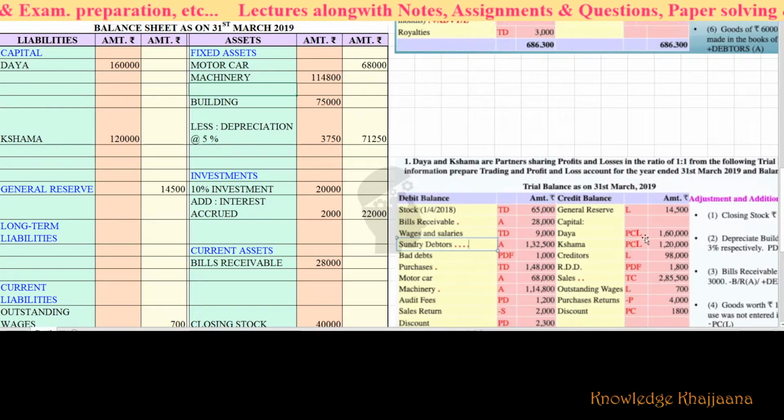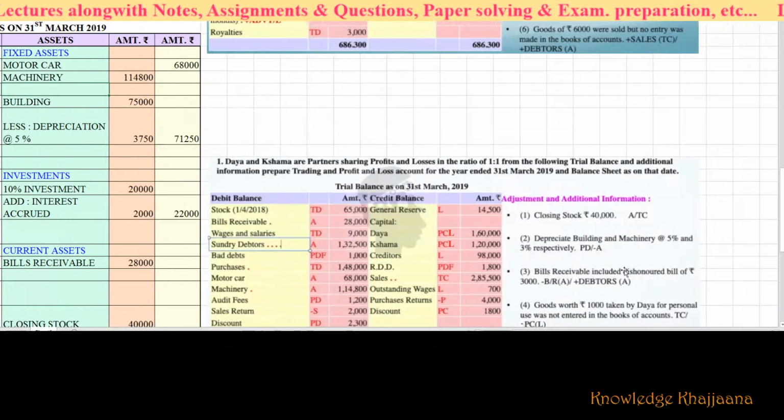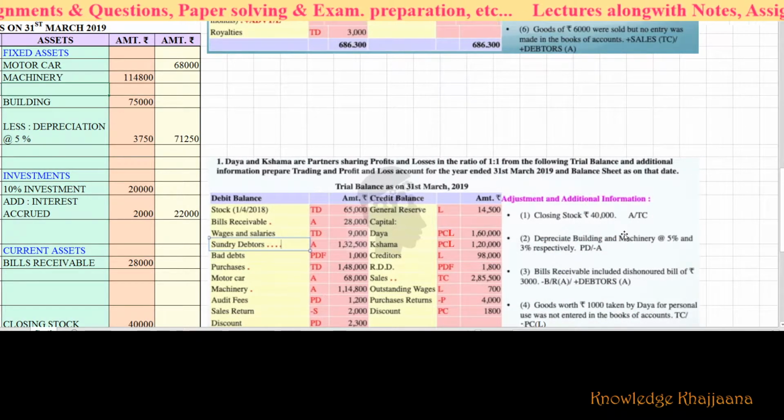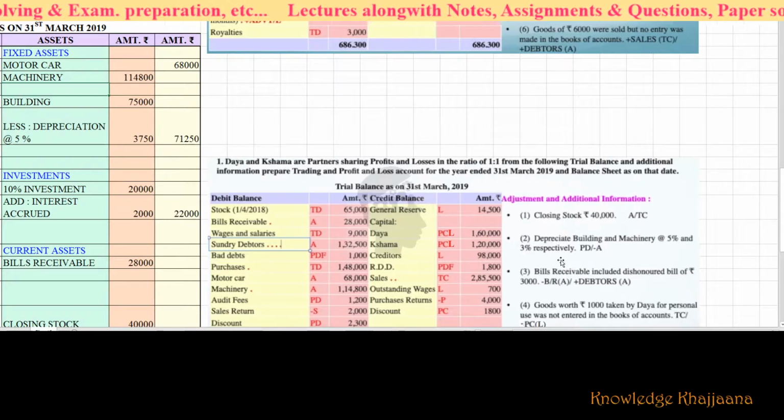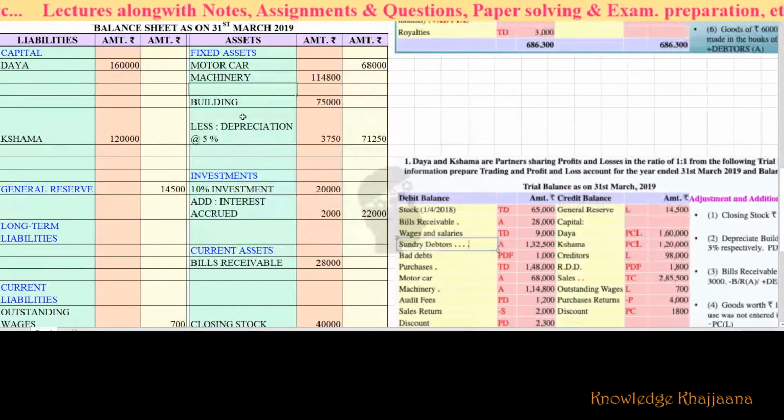Then machinery. See, again read. Depreciate machinery at 3%.